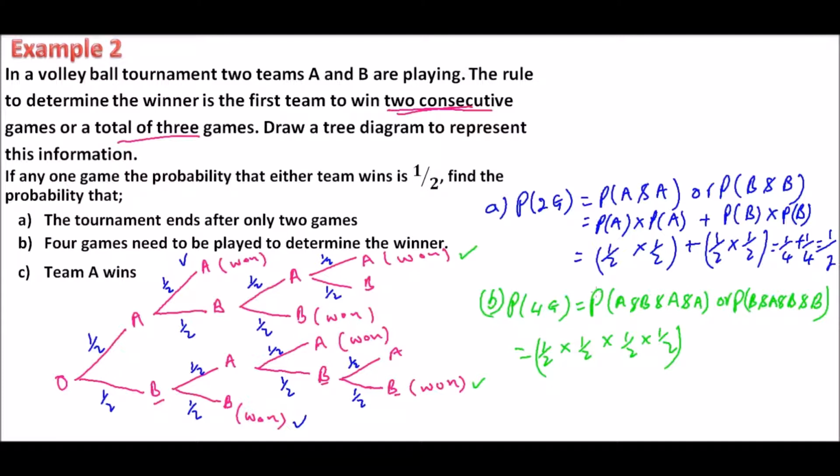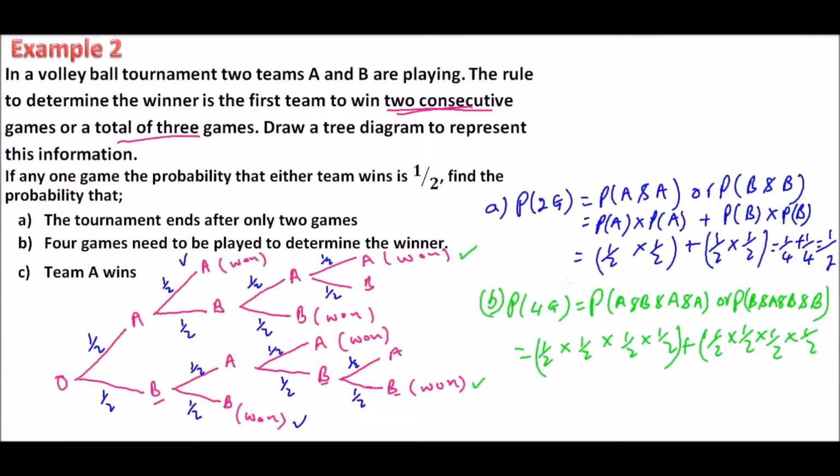So that is the first one. Then we have plus, the other one is, we can put a half multiplied by a half multiplied by a half multiplied by a half.